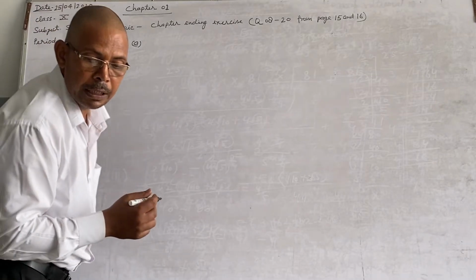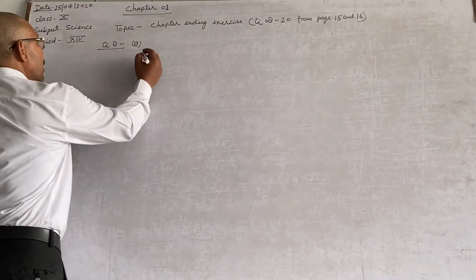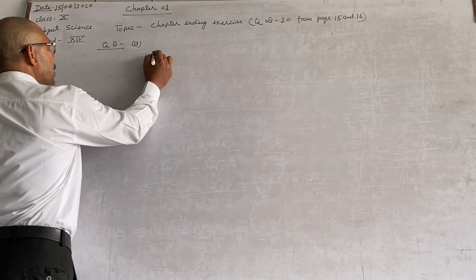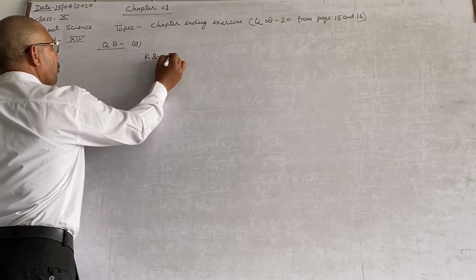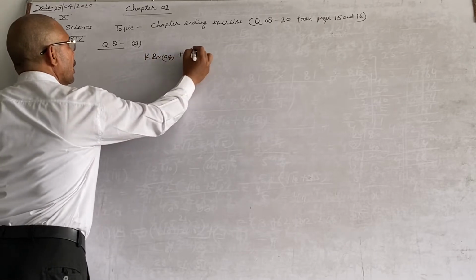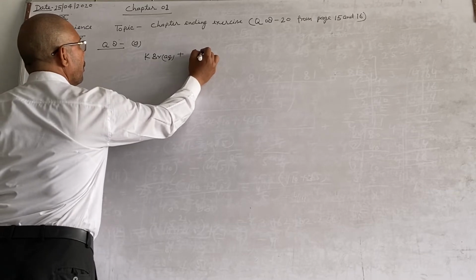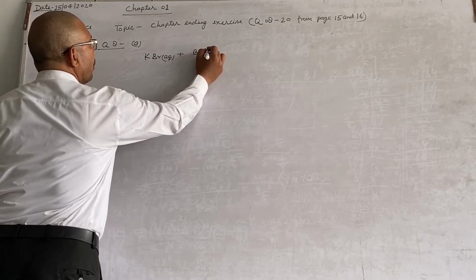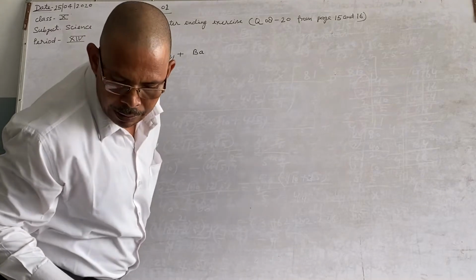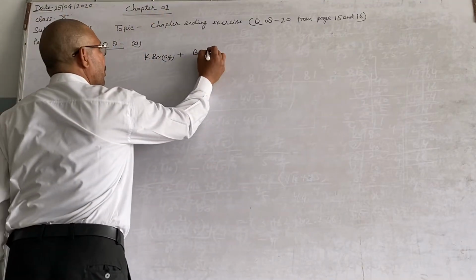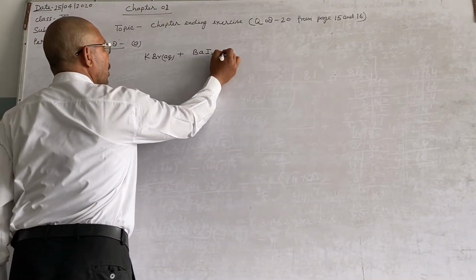So see it, potassium bromide means KBr aqueous plus barium iodide, BaI2 aqueous.